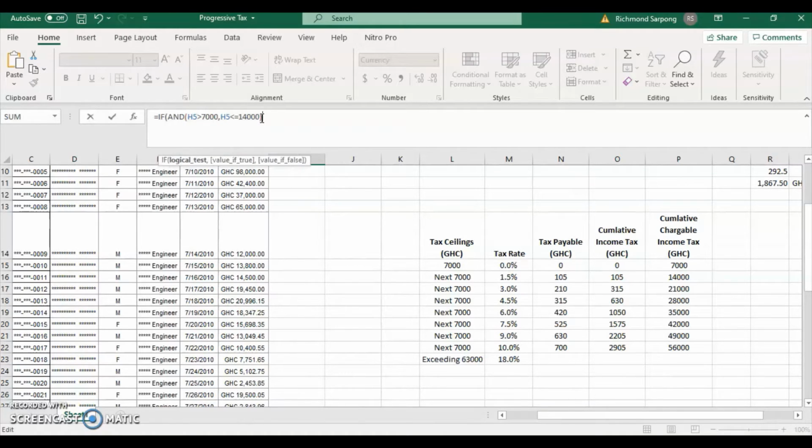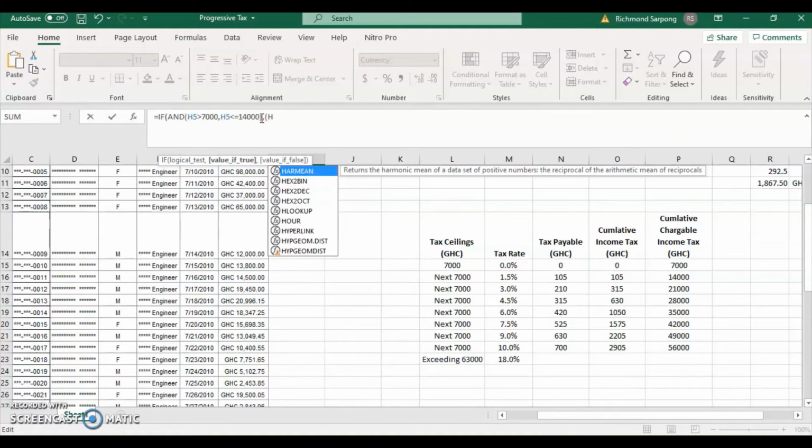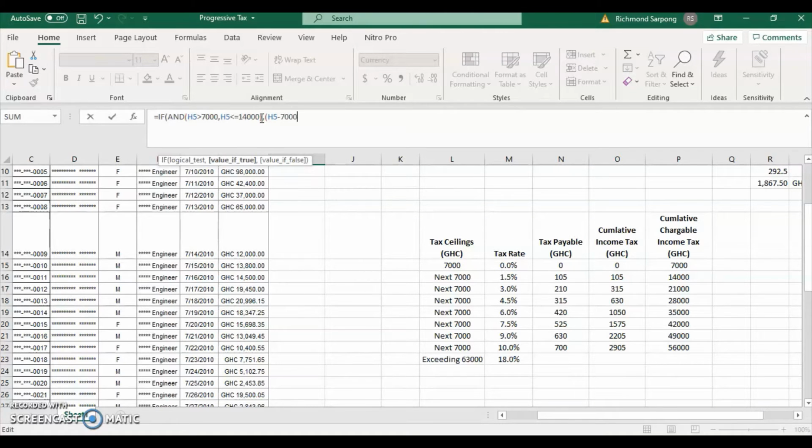Thousand. Then it should subtract H5 minus 7,000. So the difference. So we are in this threshold.